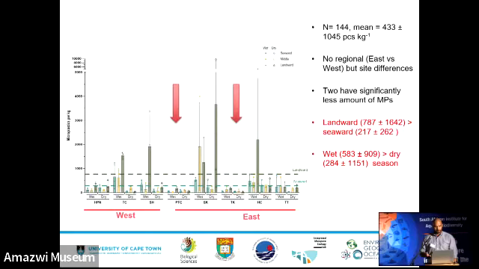And the wet season had higher microplastic loads than the dry season. And this could be because after a rainfall event, there's higher surface runoff from communities surrounding the mangrove, and there's more urban river discharges as well.